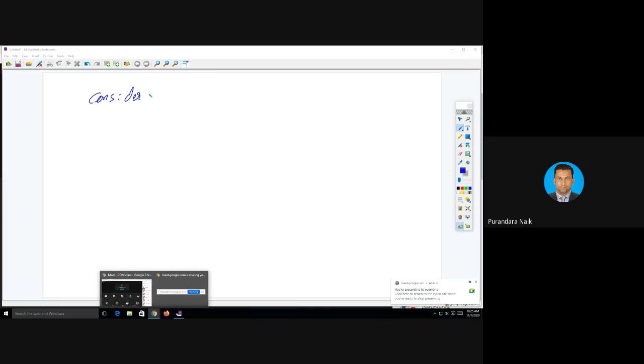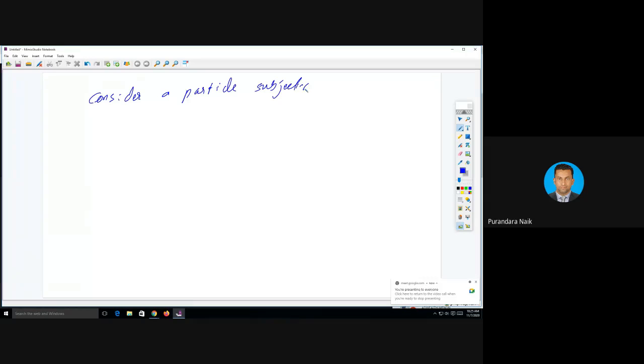Consider a particle subjected to two different harmonic motions, or SHM.